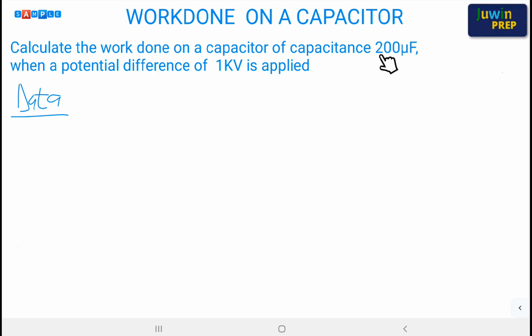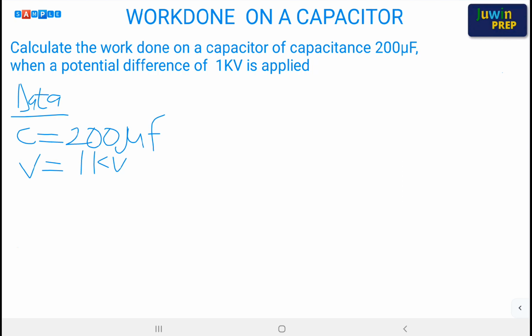We're given this as our capacitance, and capacitance is represented with the letter C. So we'd say C equals 200 microfarad, and we're also given the potential difference to be 1 kilovolt. V is used to represent potential difference. We'd say V equals 1 kV.